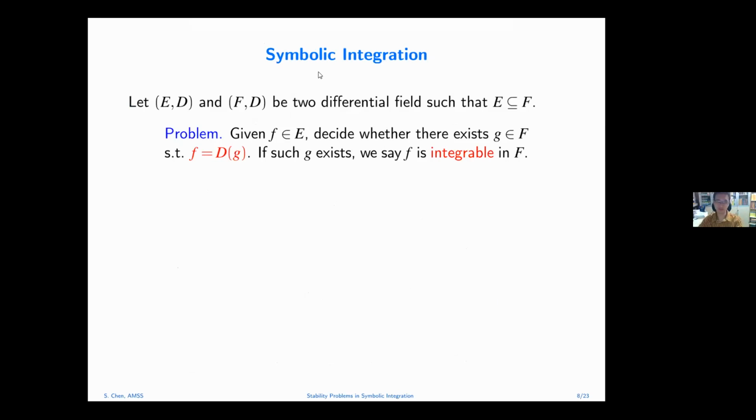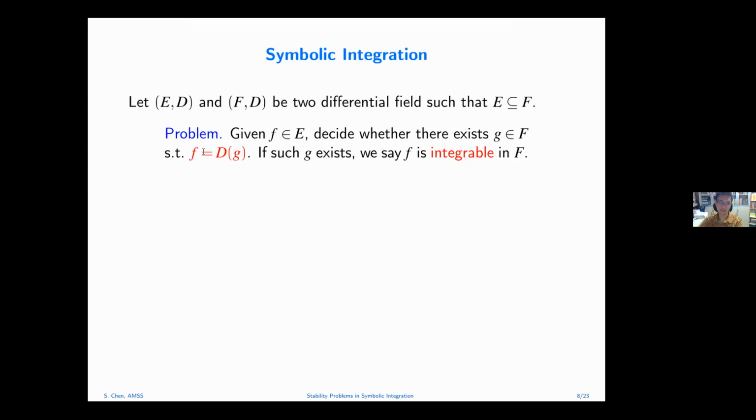Now we can state what symbolic integration is. Let E and F be two differential fields, and F is a differential extension of E. Now the general problem of symbolic integration is the following: given a function f, which usually means you are given it in the specified field E, you want to decide whether there exists another element g in F, where F is the extension, usually of the given integrand, such that g' = f.